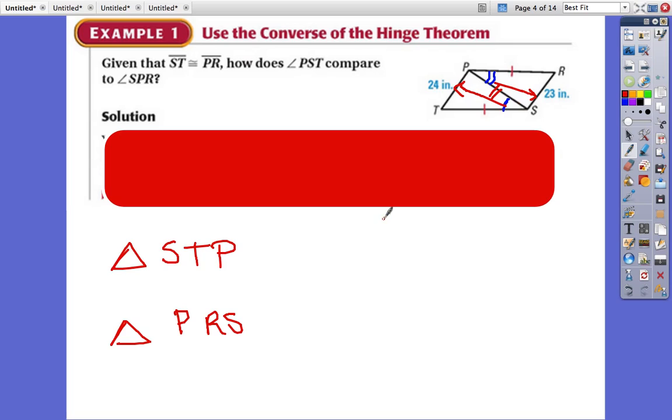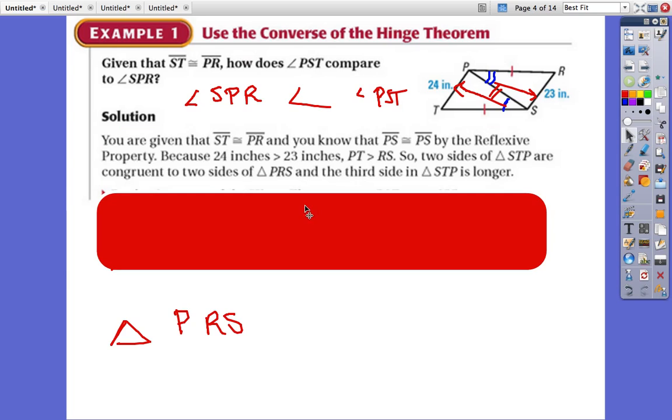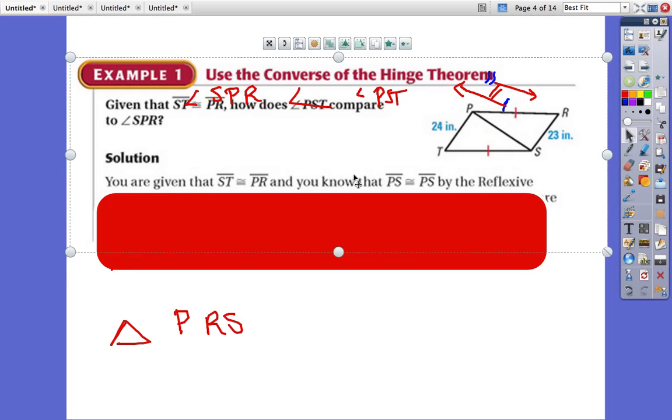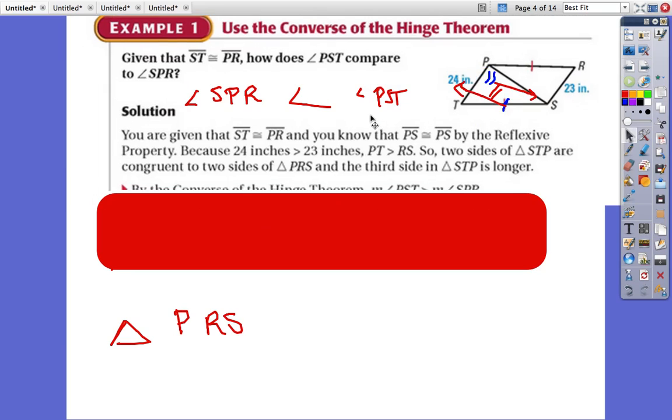So that means that angle SPR must be smaller than, or less than, angle PST. And this is the formal explanation, which I already explained here.